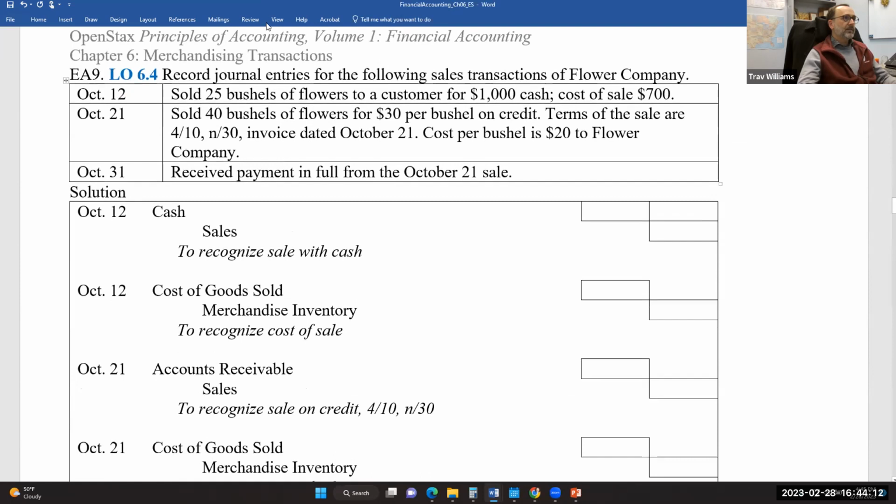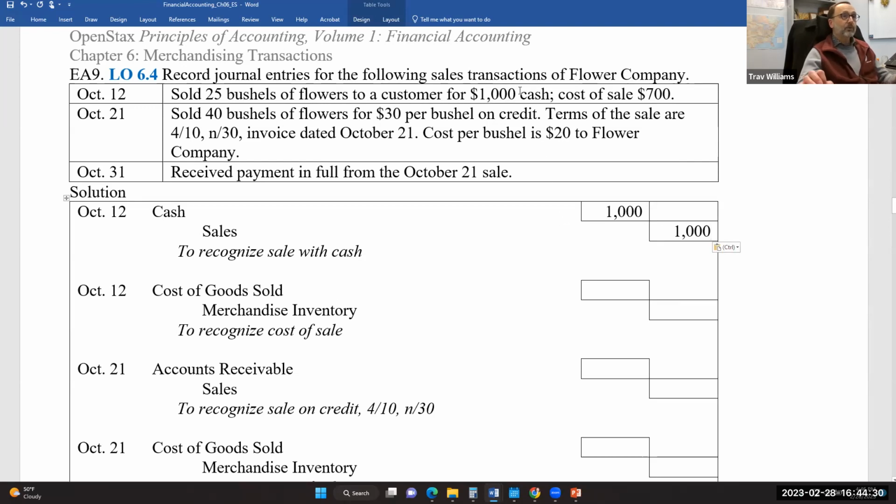So in this case, we sold 25 bushels of flowers. They gave us the total, $1,000. So we received $1,000 cash. It's a $1,000 sale, so that's a credit to sales.